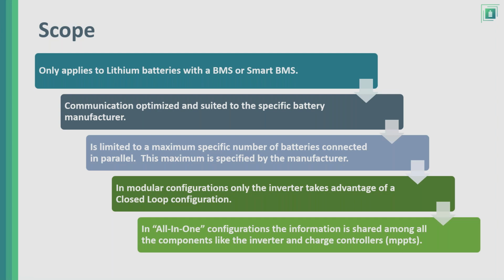As I mentioned, in only one configuration, all the information is shared between all the different components. And by the way, once this information is shared between the battery, the BMS, and the system, you won't be able to change it. You can't go into the system unless you tell the system that you will not be using closed loop communications, that you would rather do it in open loop.